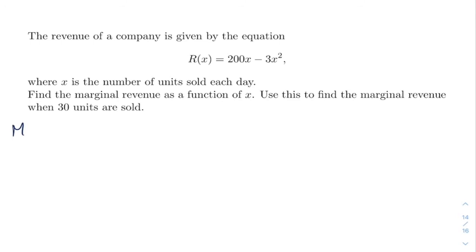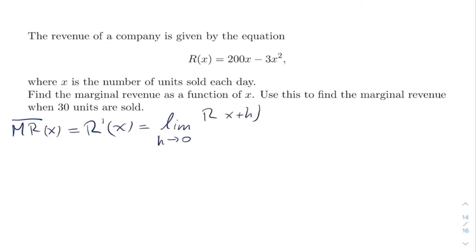So the marginal revenue of x, sometimes denoted as MR, is equal to the derivative of the function r, which is, again, equal to the limit when h goes to 0 of r of x plus h minus r of x, all of that divided by h.